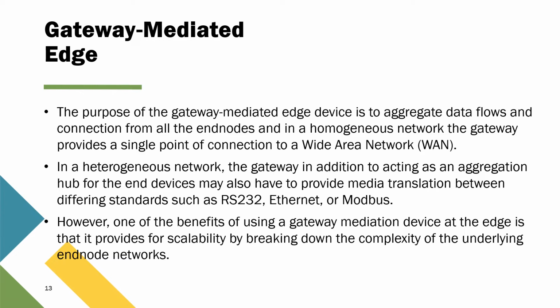What happens at the gateway mediated edge is it will make it into one single point of connection before it goes into the wide area network, or into the platform tier.